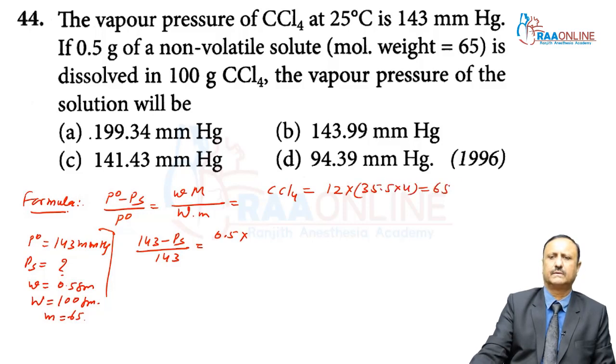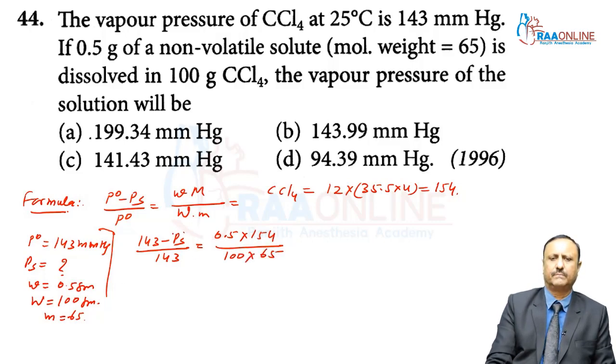So you can get 154. It is not 65. So you can put here 154 upon capital W, here 100, multiplied by the small m, that is 65.